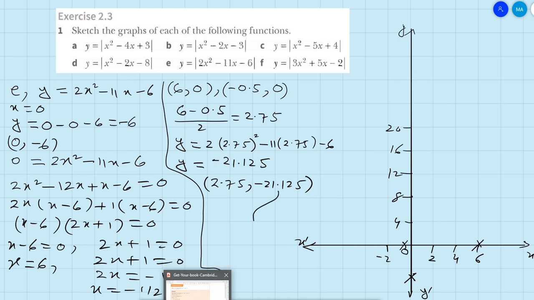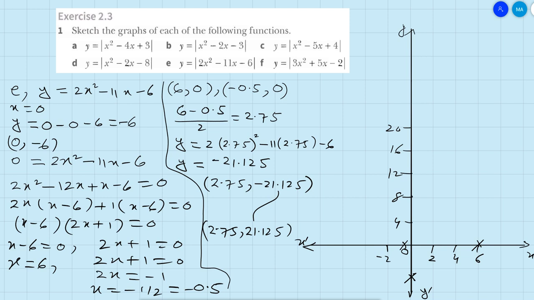But because we need the part of the curve which is above the x-axis, this point should be 2.75 and 21.125. So I am not showing the part of the curve which is below the x-axis, and this is not required. So I am showing 2.75 and 21.25.